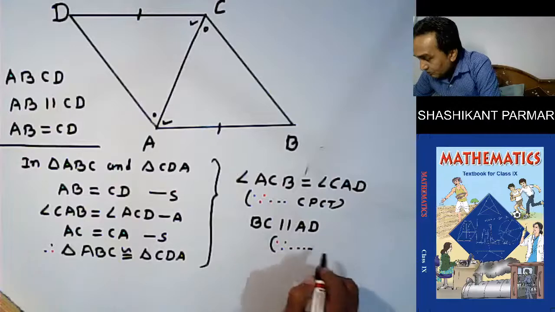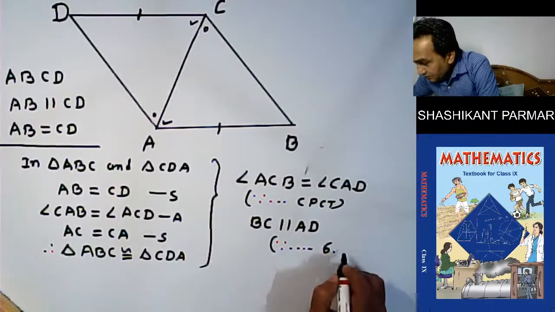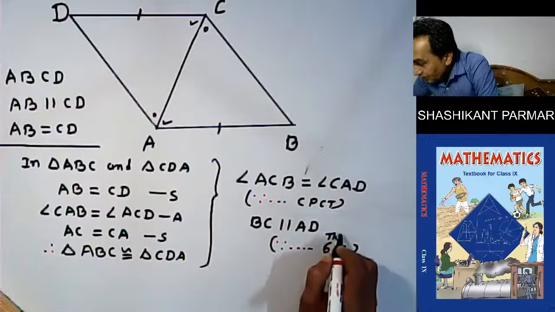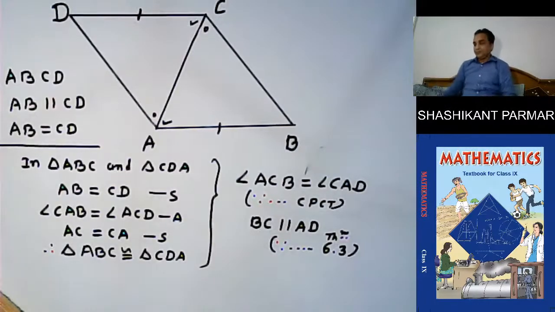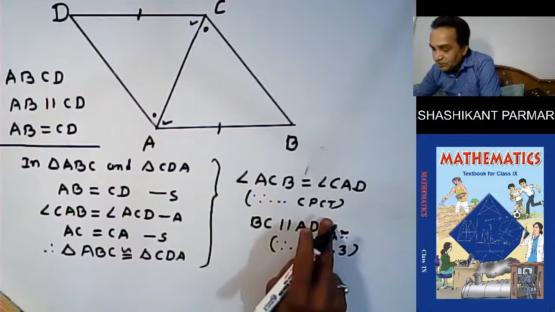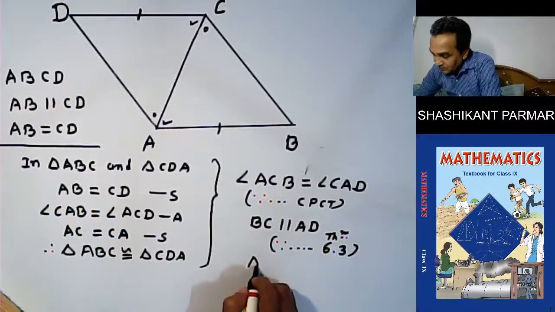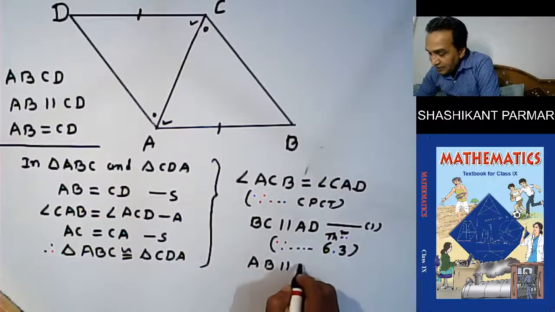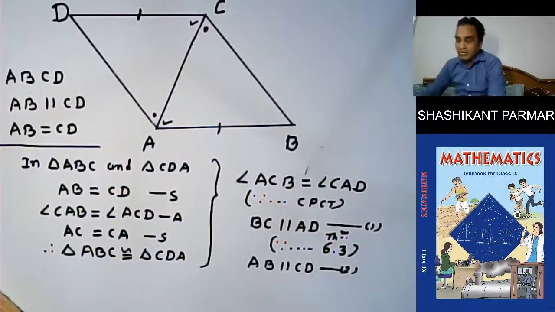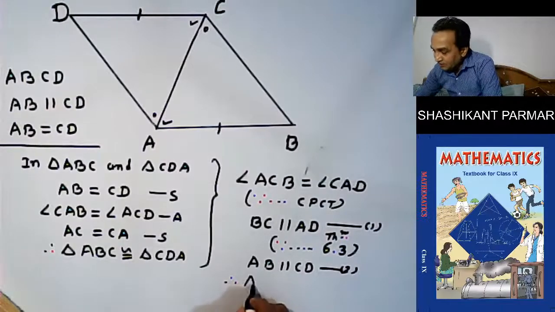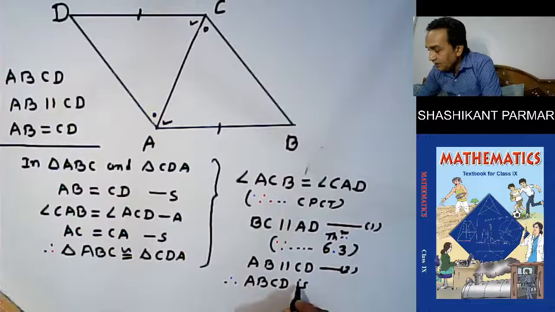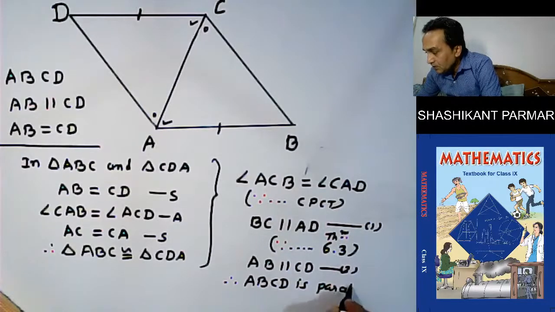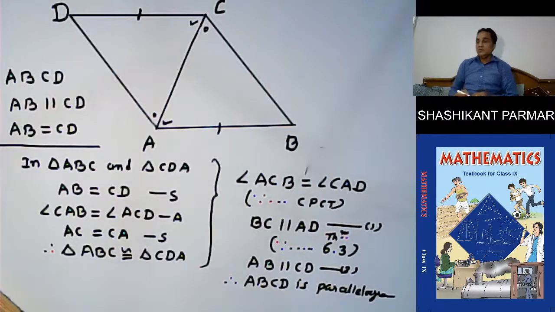Now, there is a question mark for you, but let me write. The right answer is theorem number 6.3. So BC is equal to AD. This is the first result, and AB is parallel to CD is given. This is the second one. So therefore, by definition, ABCD is a parallelogram.